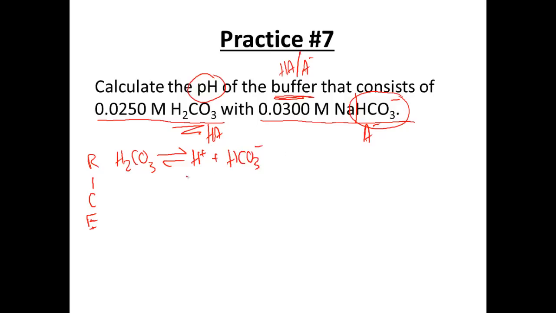Now our initial concentrations are given to us. Here's the initial concentration of the acid, 0.0250 molar. H plus is 0, and what's unique now is this is not going to be a 0 here, okay? Our initial concentration is this. You do need to be able to see this in your head by now, so take a look at it.